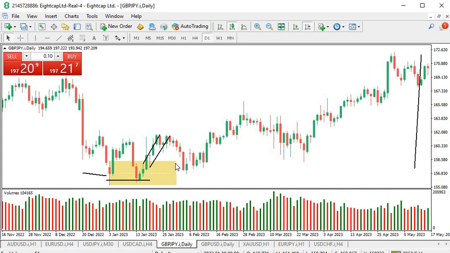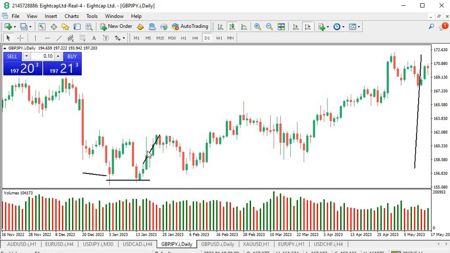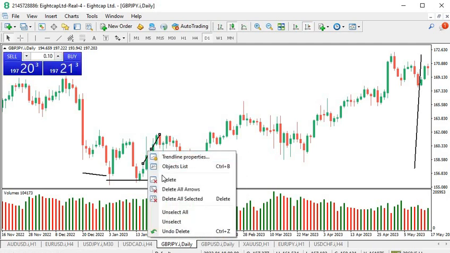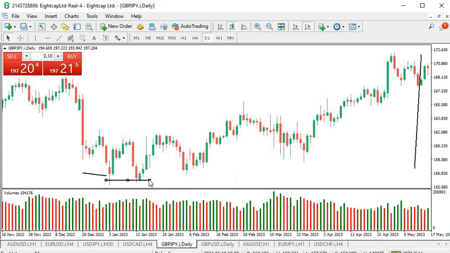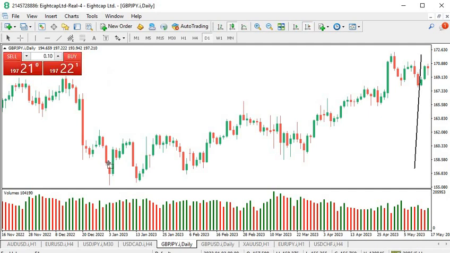Let me clear the chart to draw it again so you can better understand what supply is and what demand is. So again, the last bearish candlestick which pushes the market to the upside will be considered a bullish order block.